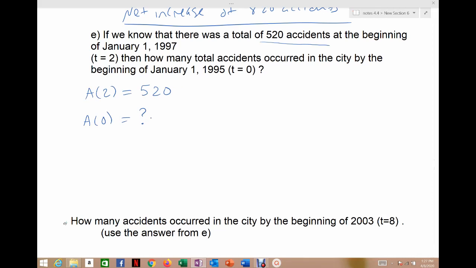And again, you could describe it or show it. I'm going to show it using our integral notation because, again, it's sort of the way we want to look at it. And so I can find the change in the number of accidents between times 0 and times 2, which is the integration from 0 to 2 of my derivative. All right, which is that first area, remember, that went down by 400 accidents.